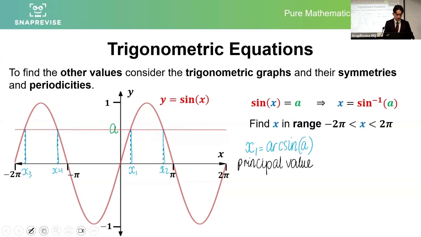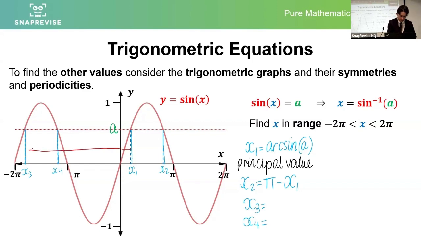Now x2, the second value, will be pi, or 180, minus your x1. That'll give us that one. Now, if we think about the ones I've called x3 and x4, because this repeats every 2 pi, this is basically 2 pi away from this.